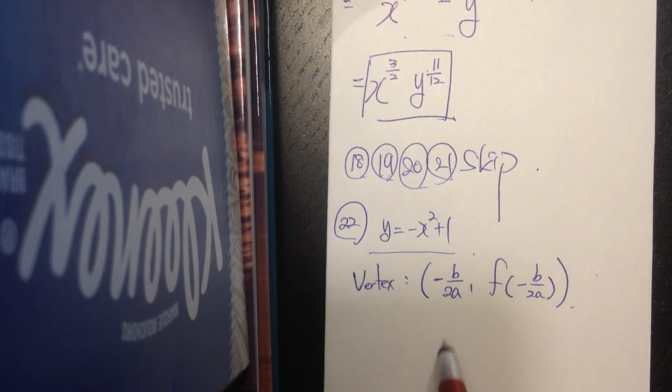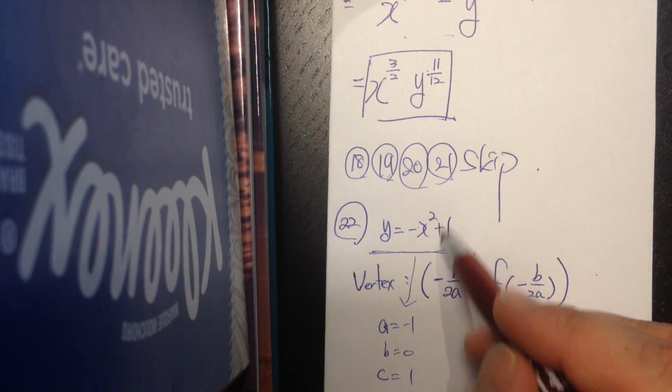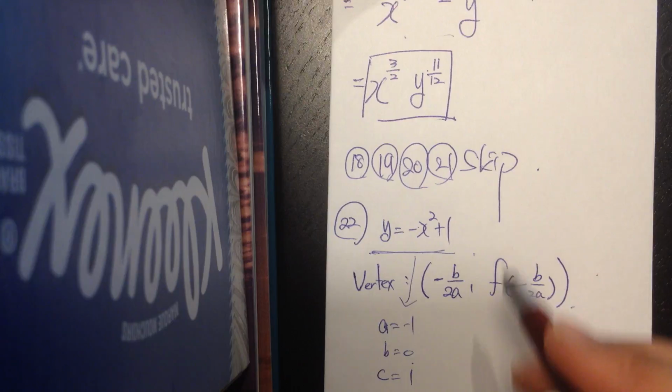Okay, so obviously in this case, a will be negative 1, b will be 0, c will be 1, right? We don't have the x middle term, so b will be 0, and c will be 1.